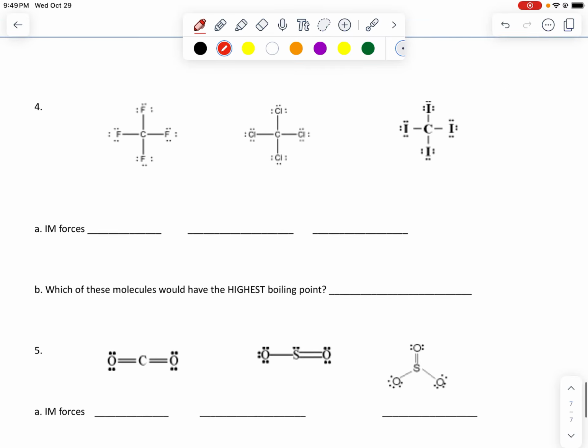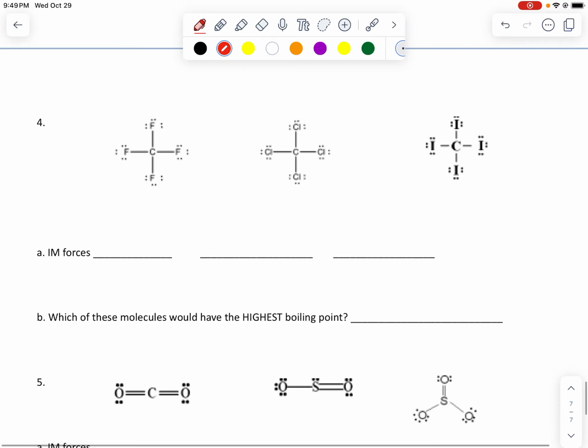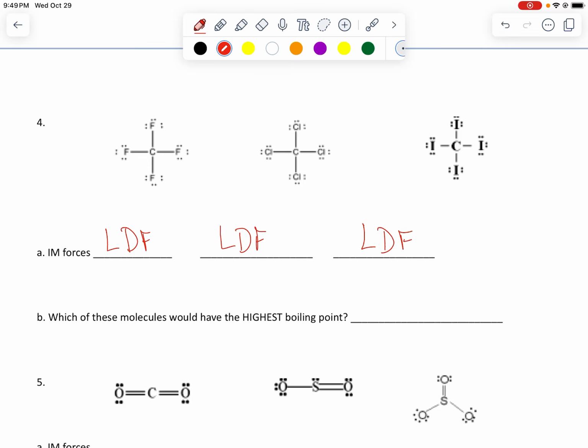All right, 4 is a tricky one. 4, they're all nonpolar molecules. So they're all London dispersion forces. Highest boiling point is really asking which one has the strongest intermolecular force. But you might think, well, wait a minute, they're all the same.